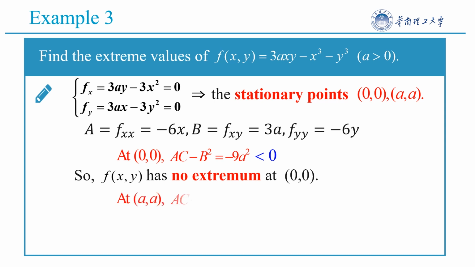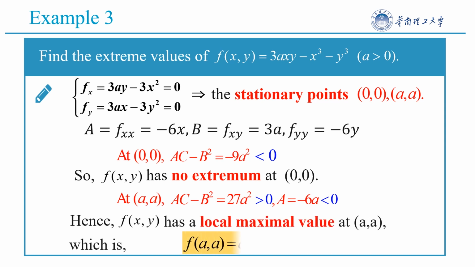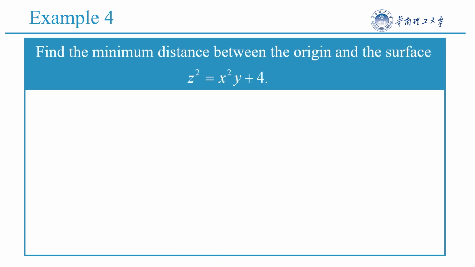Similarly, at the point (a, a), AC minus B squared equals 27 times a squared, which is larger than 0, and A is less than 0. So f has a local maximum value at this point. Its value is a cubed.